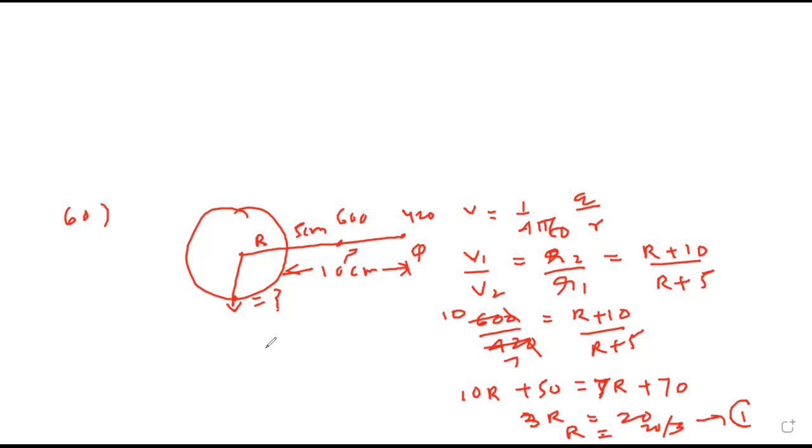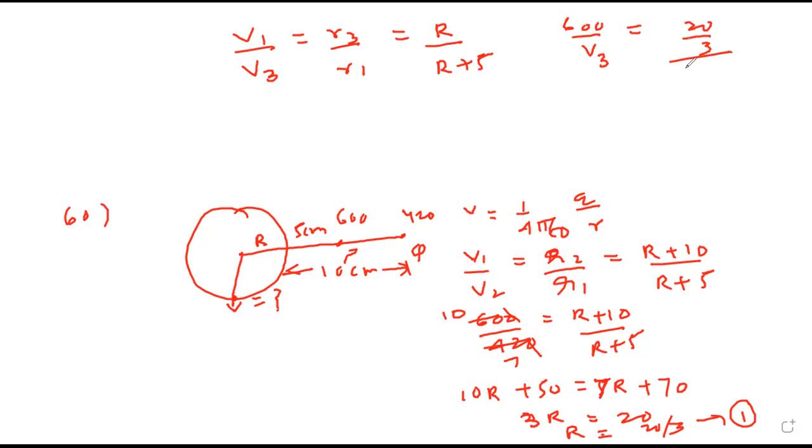So with the first and second information I got r. Now V1 upon V3, which we want, will be R3 upon R1. R3 is the radius because at the surface we want, and R1 is r plus 5. V1 is 600, r is 20 by 3, so 20 by 3 plus 5 is 35 by 3.